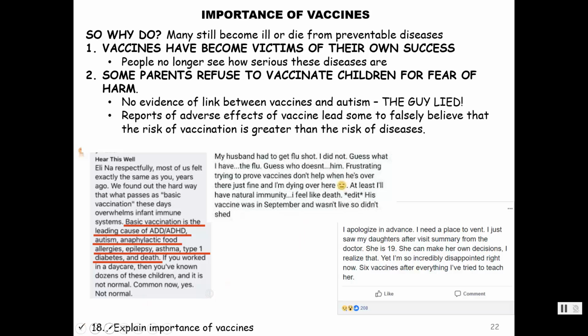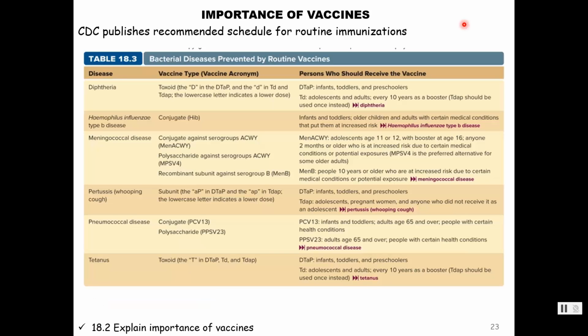You are the educated. So the CDC publishes a recommended schedule for routine immunizations, and I certainly don't expect you to memorize any of these. But we know that bacterial diseases have been prevented by routine vaccination. So this is kind of a good little review for us. We have diphtheria, which we already talked about.